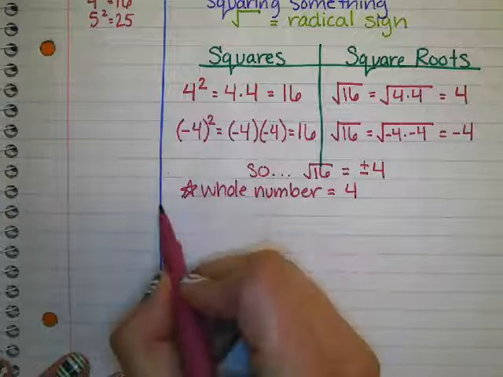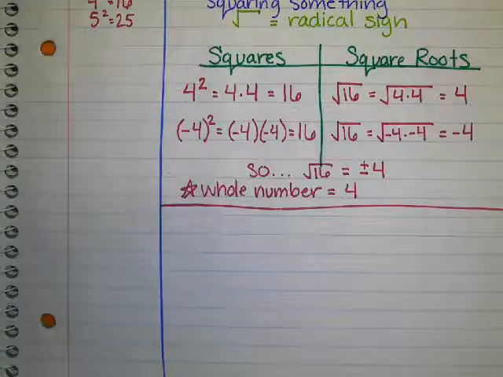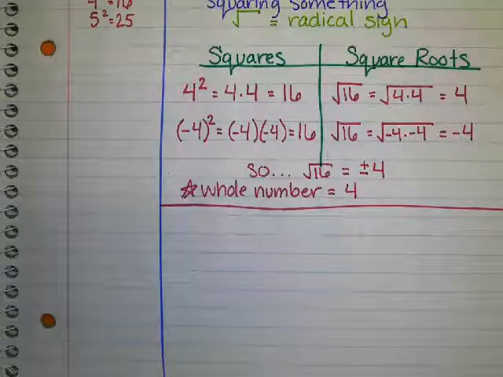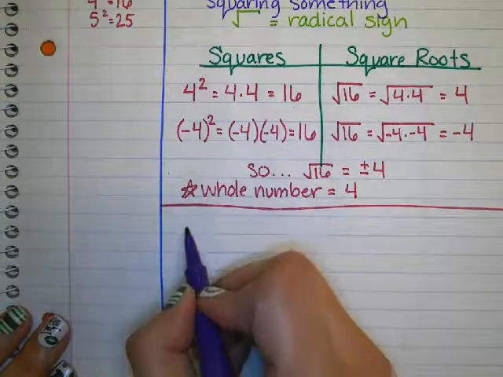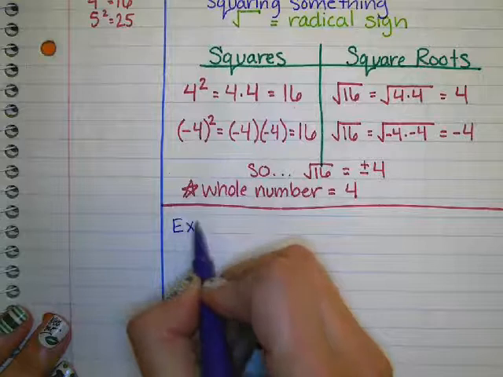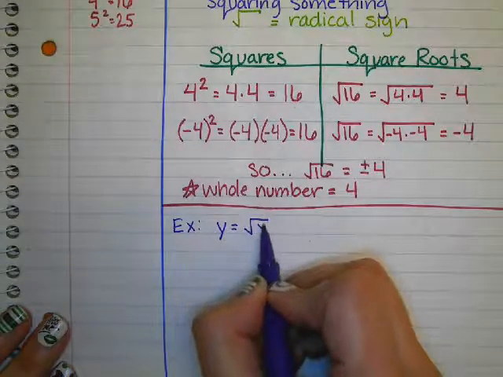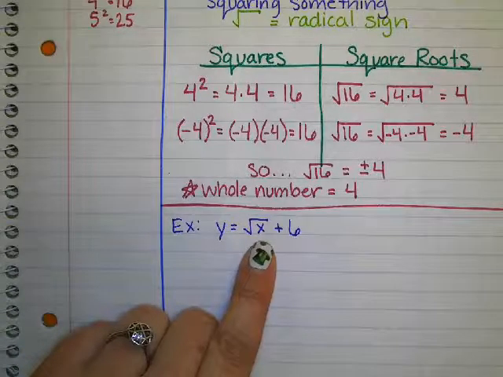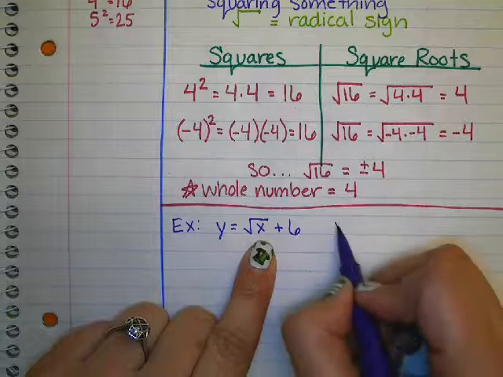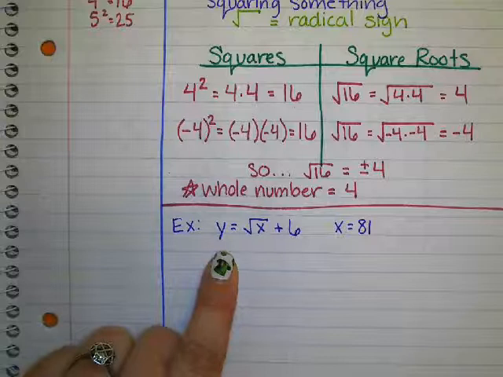So that is the basis of all the beginnings of the squares and square roots, but we're going to do a couple problems with substitution. So let's say we had an equation, y equals the square root of x plus 6, and they give you that x is equal to 81, and they want you to solve for y.